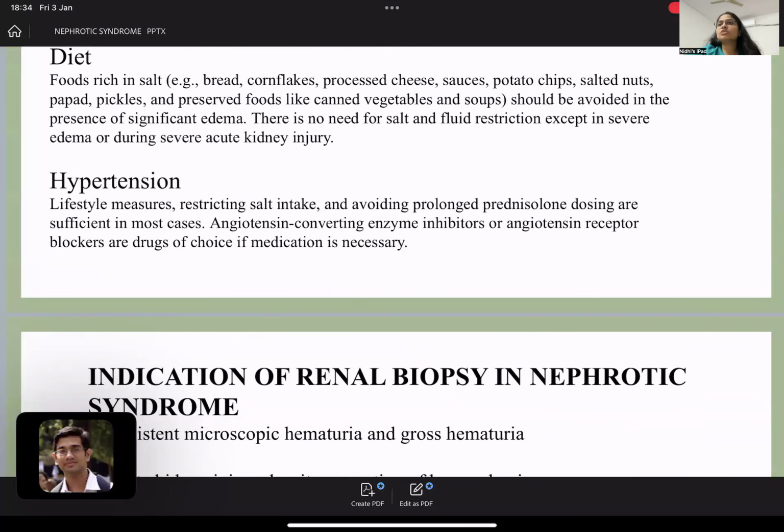Now, diet. We usually ask the patient to have some salt restriction because salt will cause more edema. Otherwise, when the patient doesn't have edema or AKI, when the patient is in remission, we do not need to restrict the salt and fluid.